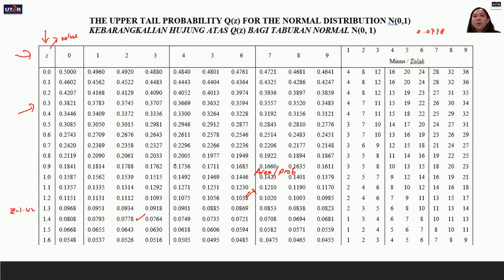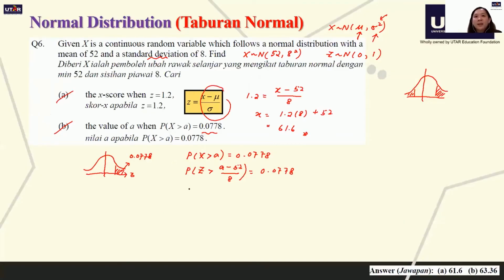Go back to my slide just now. This value is 1.42, right? If I do a direct comparison, my table shows me 1.42 and the probability is also the same. So it means the inner part here has to be the same: A minus 52 divided by 8 must be 1.42.